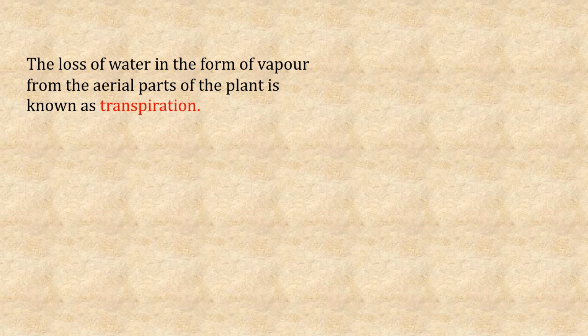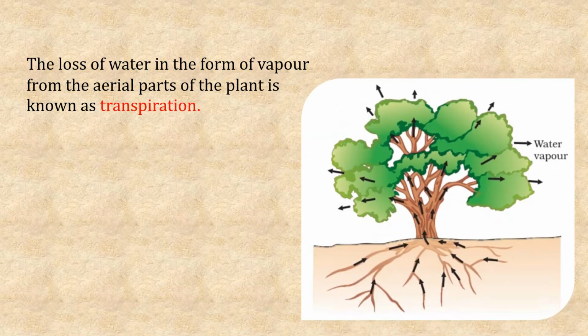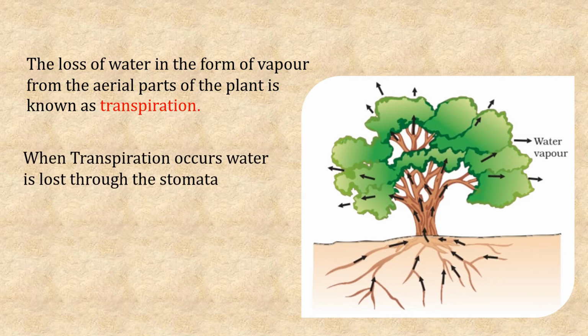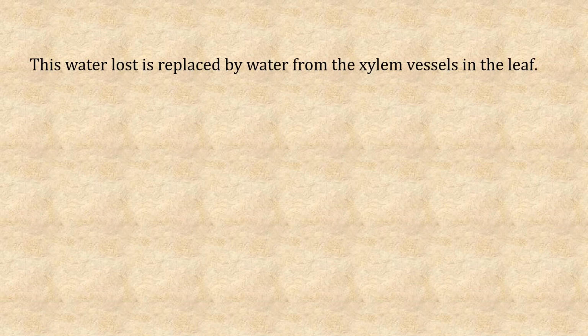The loss of water in the form of vapor from the aerial parts of the plant is known as transpiration. When transpiration occurs, water is lost through the stomata. This water lost is replaced by water from the xylem vessels in the leaf.